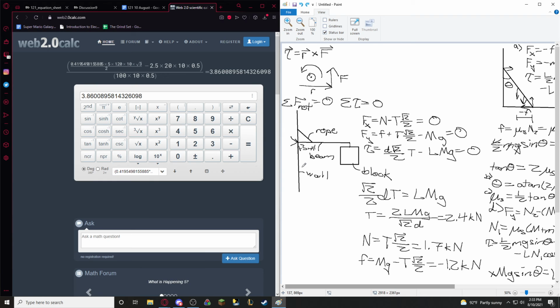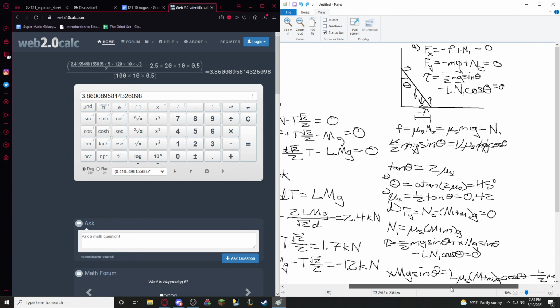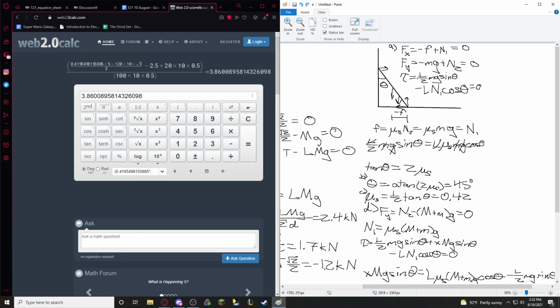Wherever you can cancel out the most forces and only worry about 1 or 2 forces creating the torque. So you select your pivot point, torque at that point is equal to 0, and then Fx equals 0, Fy equals 0, and then it's just algebra. And it's usually not super complicated algebra.